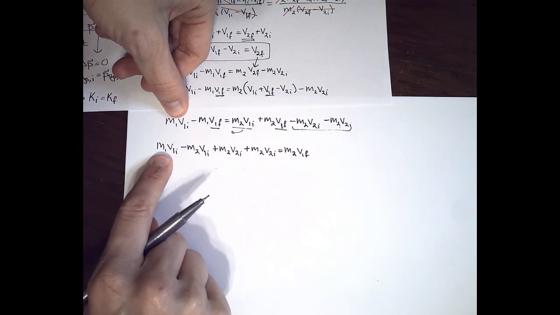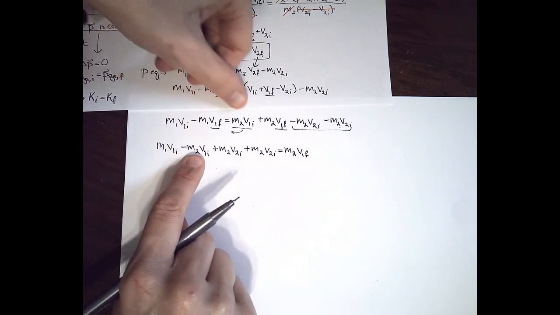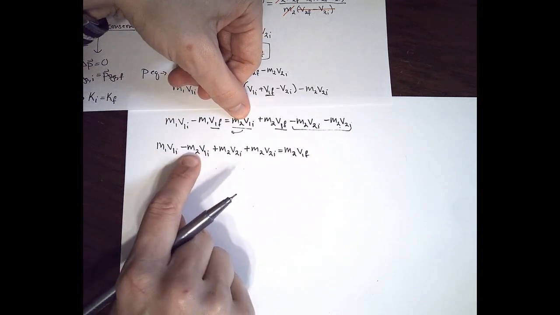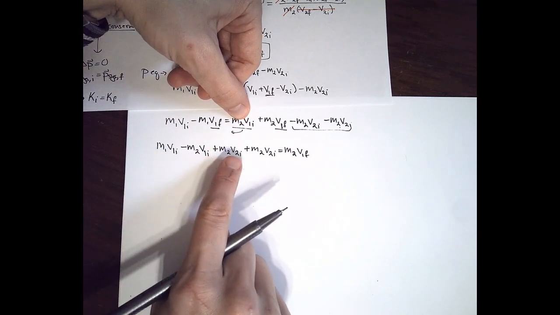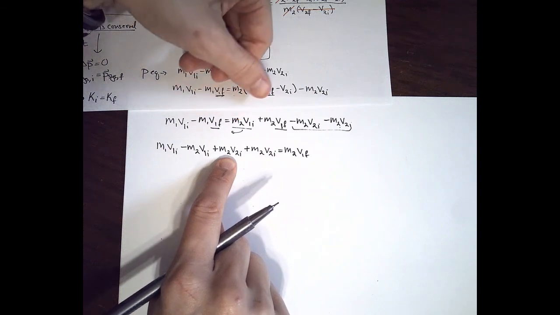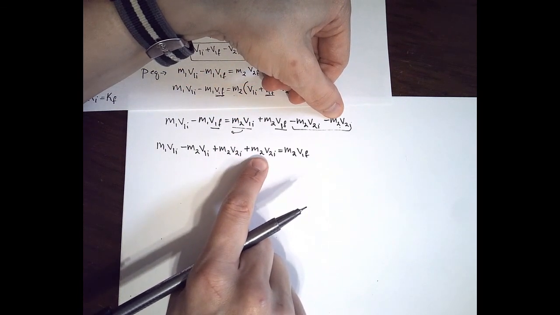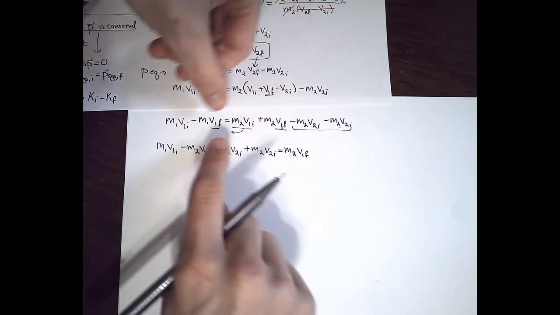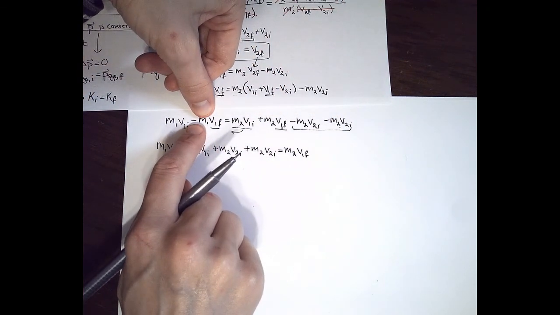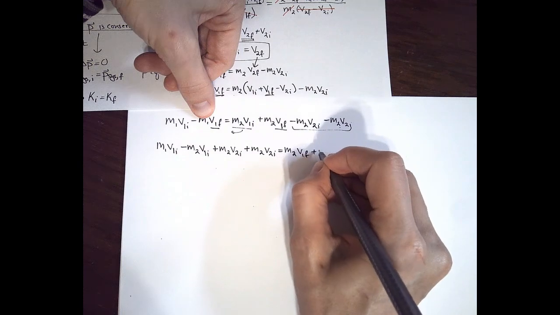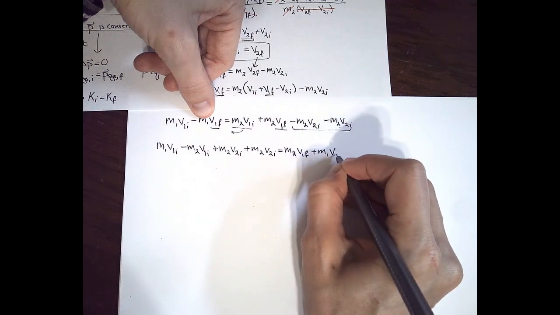This one was here. It was positive on this side, so it's negative over here. This one is negative over here, so it's positive over here. This one's negative over here, so it's positive over here. That one didn't move, but this one we've got to move over. So it's negative on this side. It'll be positive when it gets over here.